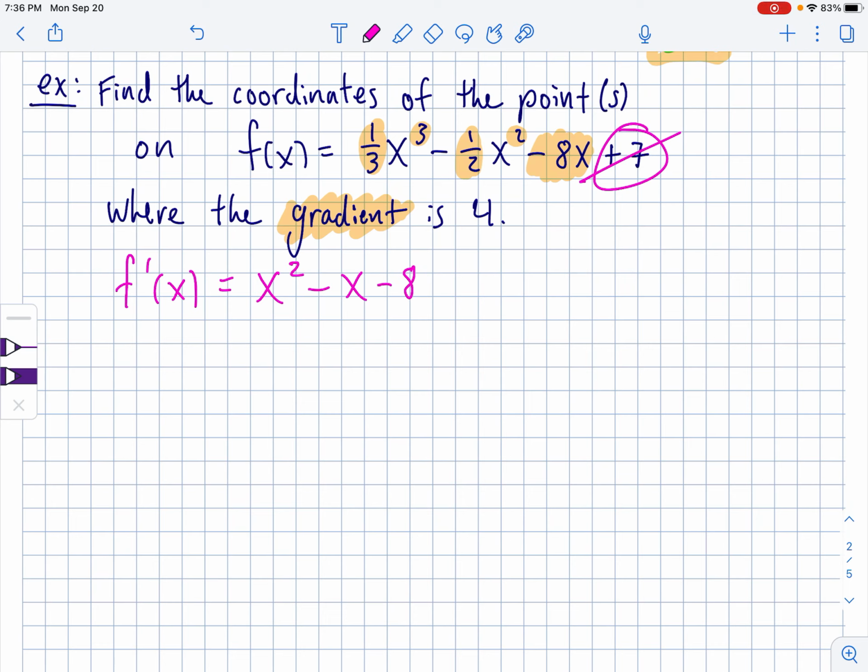And then the derivative of 7 is just 0. So there's your derivative. Now we want to know where that is equal to 4, where the slopes are 4. So we're actually going to replace this whole side with 4. Now we got a good old-fashioned quadratic on our hands. So subtract 4 from both sides, get it equal to 0.